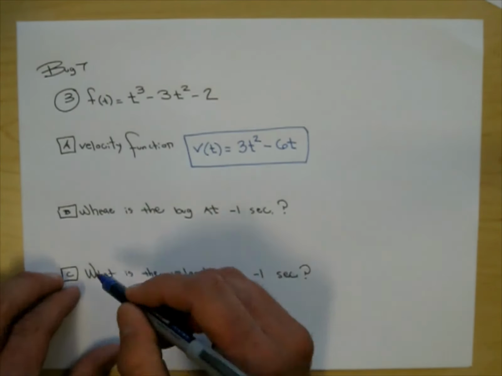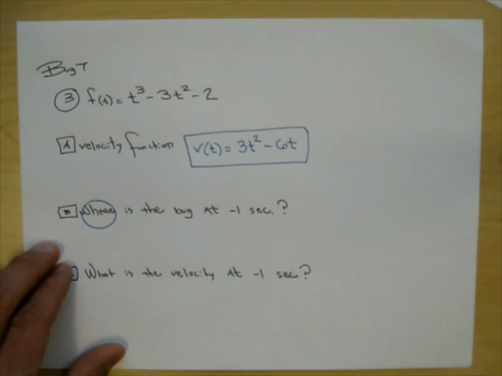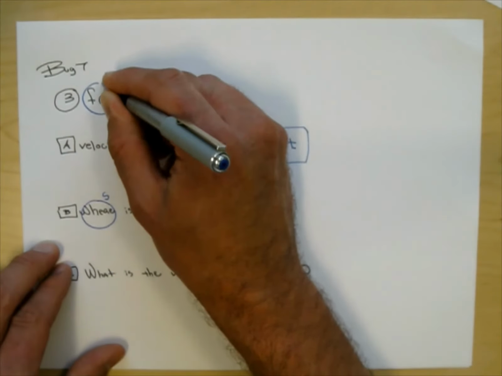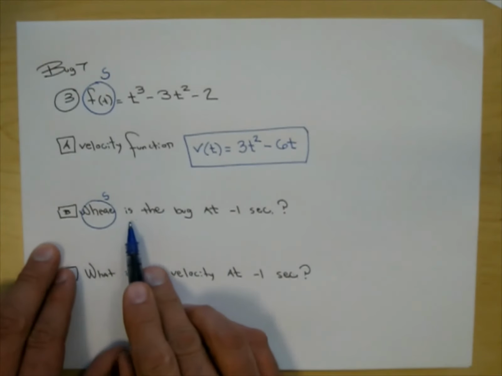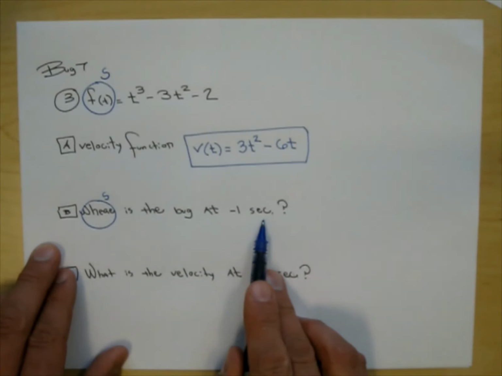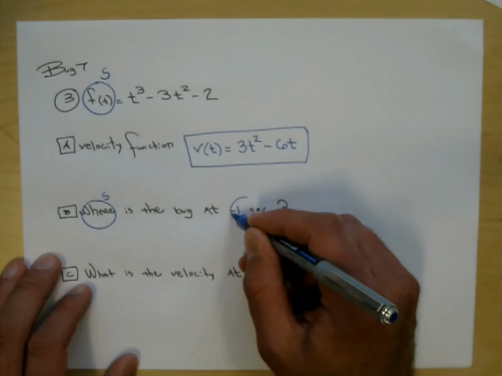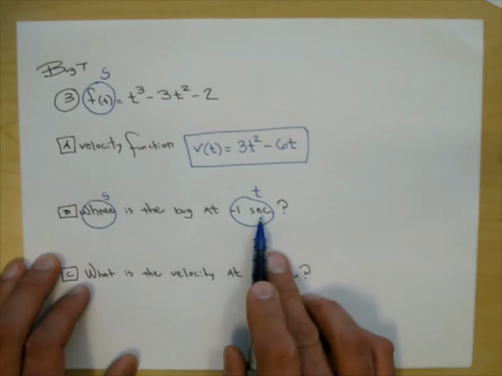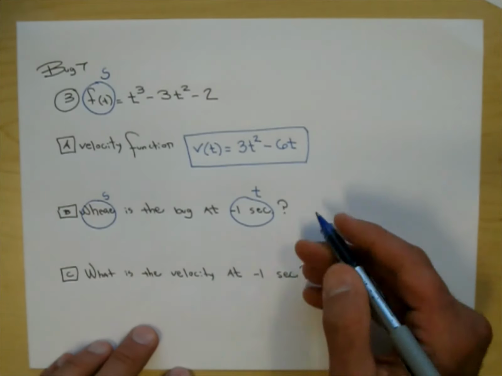Where? Okay, so when they're asking where, they're asking a position. And if you want, you can call this right here the position, S. That's what we've been calling the position. Where is the bug at -1 second? So they've given us the time. And basically, you don't even have to call that S. You could just say, I'm going to figure this out by going f of -1.